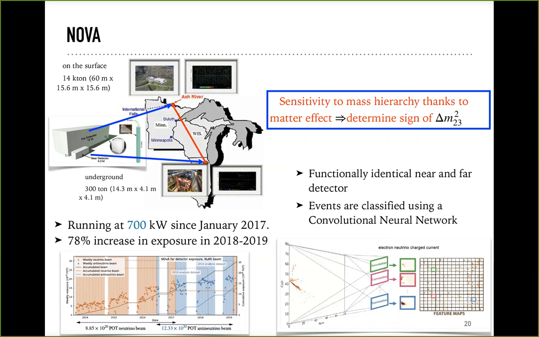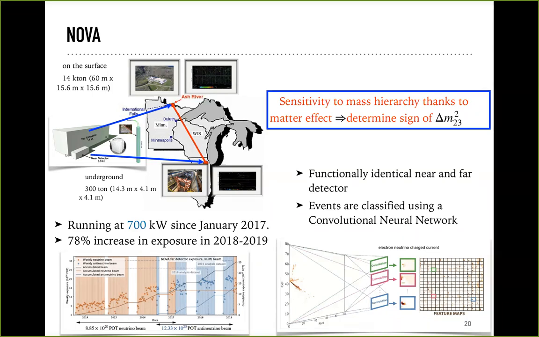There is a long baseline between Fermilab and Ash River, about 800 kilometers, which is much different from Super-Kamiokande, and in this case you are able to address the mass hierarchy, so you will be able to measure delta m squared.